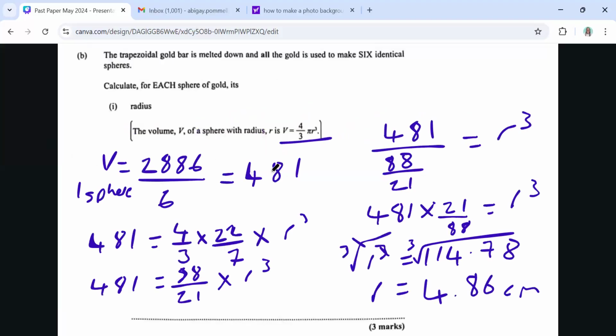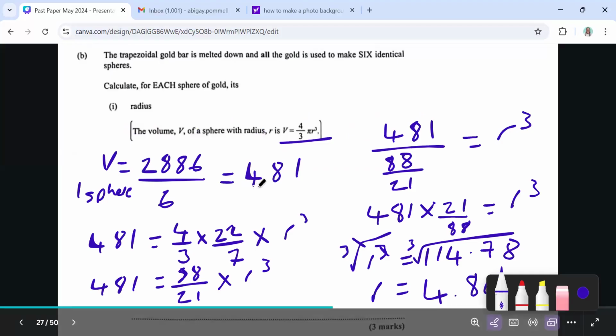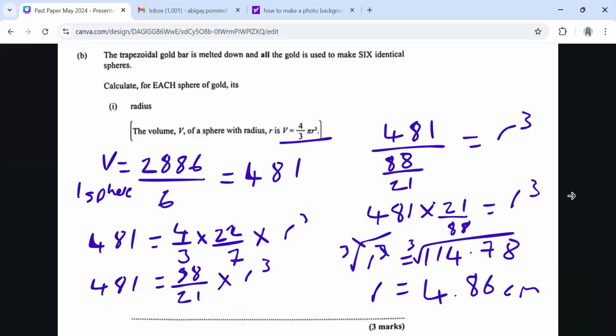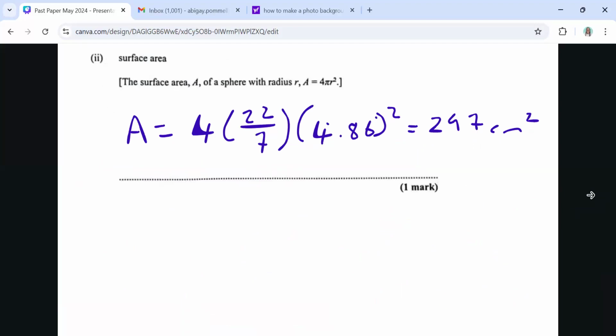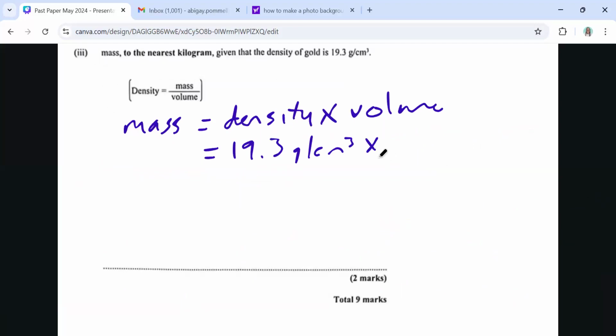and since we are using the sphere, it's 481. All right, so in our calculator, we should have the answer. 19.3 times 481. Answer 9,283 grams.